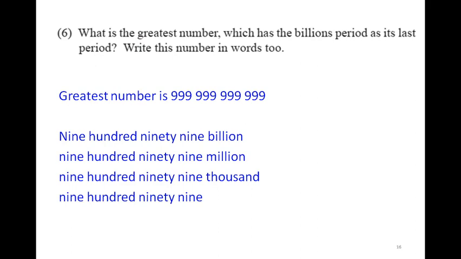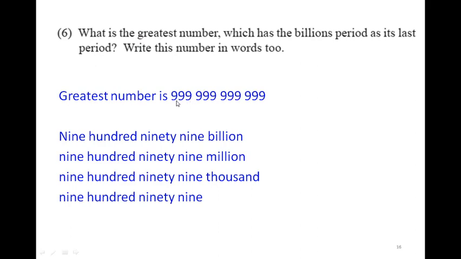There's no digit greater than 9. So we have to use digit 9 to write the greatest number, and we can write 3 nines for the ones period, 3 nines for the thousands period, 3 nines for the millions period, and 3 nines for the billions period. That will be the greatest number.